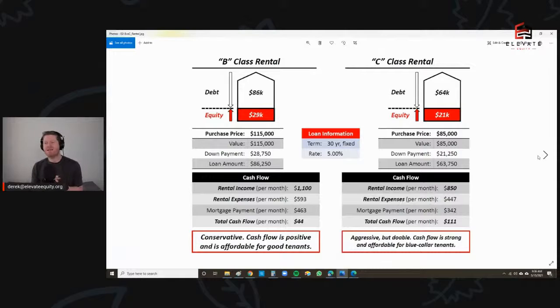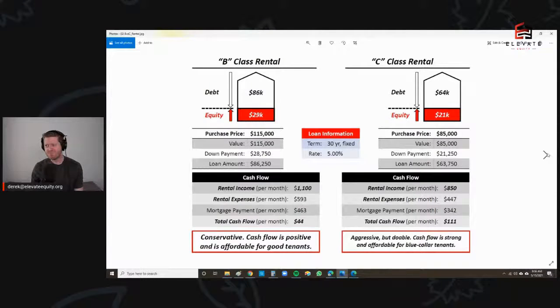And on a B-class rental, if you were lucky, you could probably get break even or maybe $40 a month, depending on if you found a really, really good deal, okay? That's kind of the way that it works. So again, with C-class, having $100 to $150 per month in cash flow every single month is great, but it's also good to have that high demand property, the B-class rentals that maybe don't have much cash flow, but they appreciate up a lot.